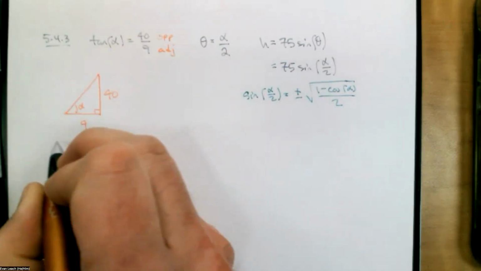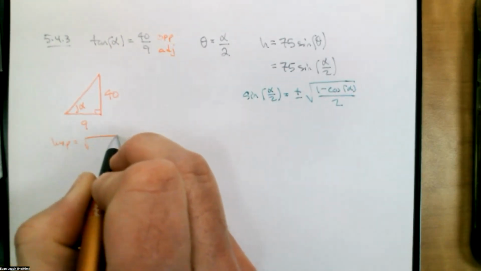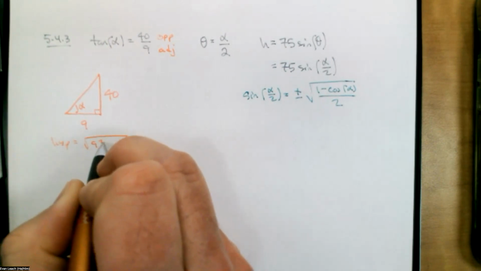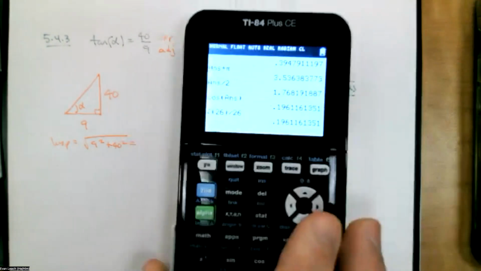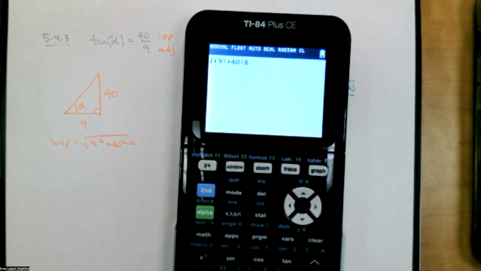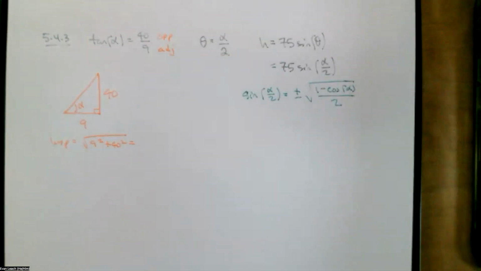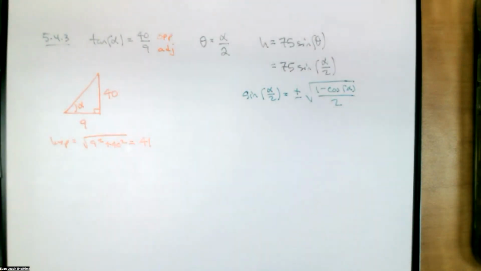So our hypotenuse is, how much is it? So square root of 9 squared plus 40 squared. 41. 9, 40, 41, also another famous one. Yeah, this is a Pythagorean triple.